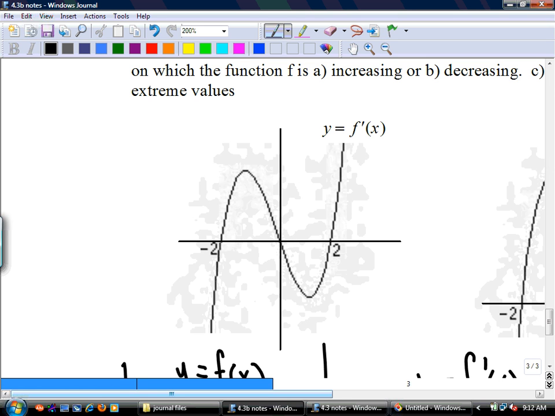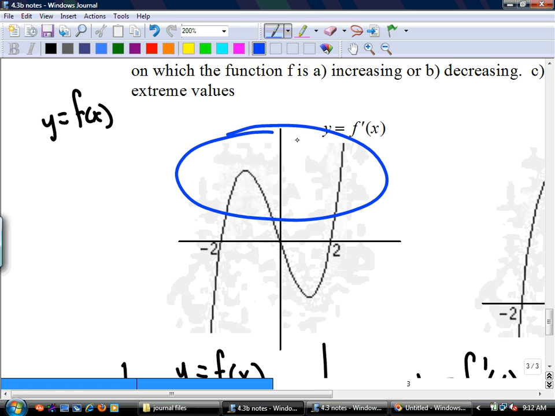So, this is the derivative graph. I'm going to talk about y equals f of x on the derivative graph. I see positive y prime values. Would you agree to that? All those circled areas, positive y prime values. Yes? So that means positive slope. It's climbing.